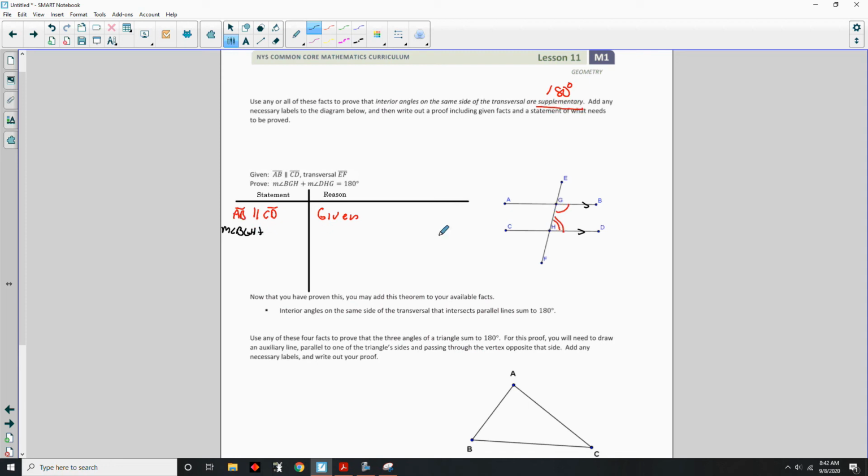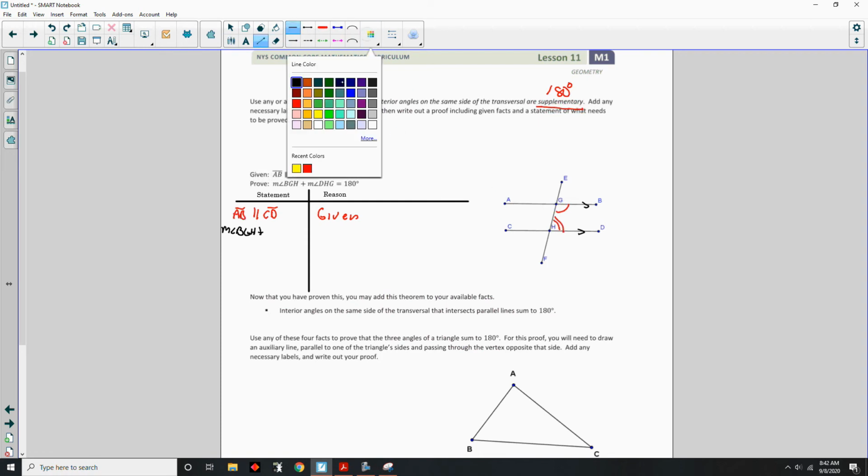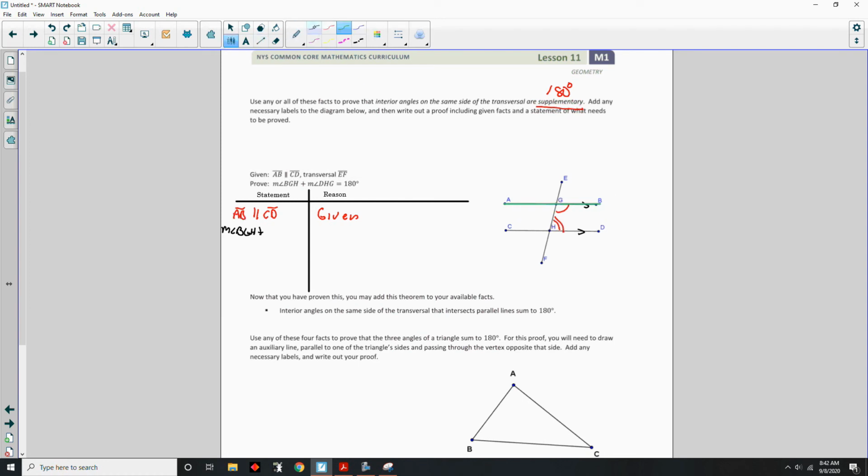Now we have the measure of angle BGH plus the measure of AGH. So what I'm doing here is there's a straight line here. Let me just show you. We're talking about this line here. Let me do it with a segment so it's neat. We have this segment right here. That's a straight line. And I'm choosing values on both sides of it.